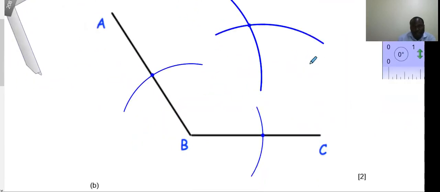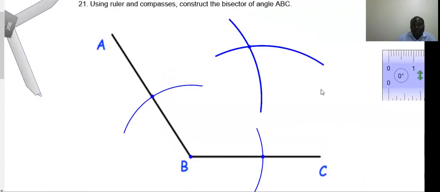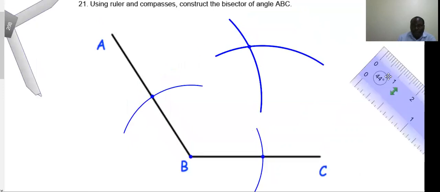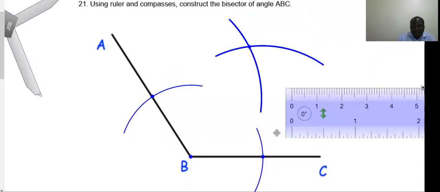See that? Then you are going to connect this point and this point, which is on the angle itself, using a ruler. Take your ruler. Put it here.